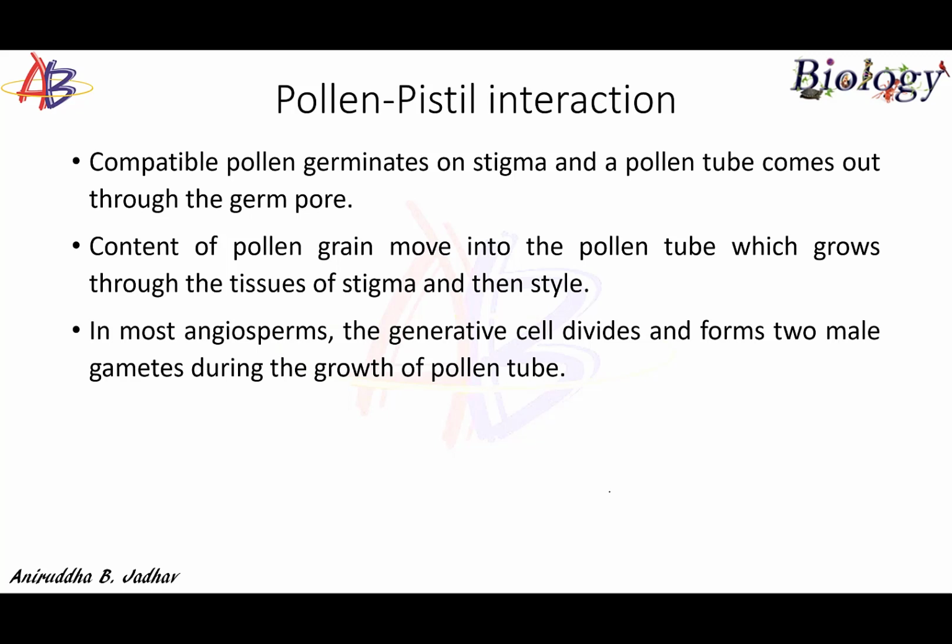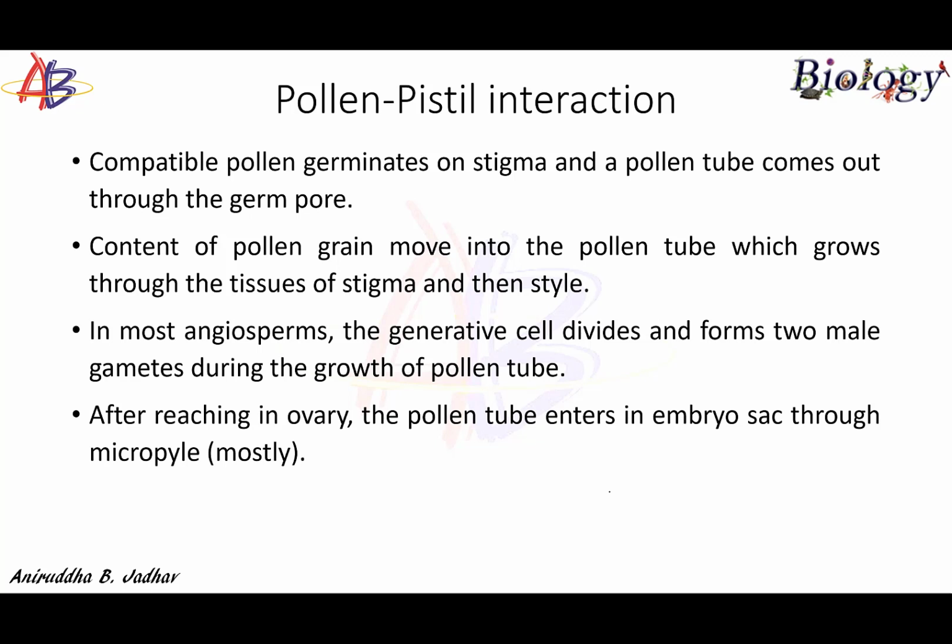But in the remaining 40% of angiosperms, the pollen grains are shed at the three-celled stage, that is, containing a vegetative cell and two male gametes. So in such cases, three nuclei will enter into the pollen tube upon germination of the pollen.